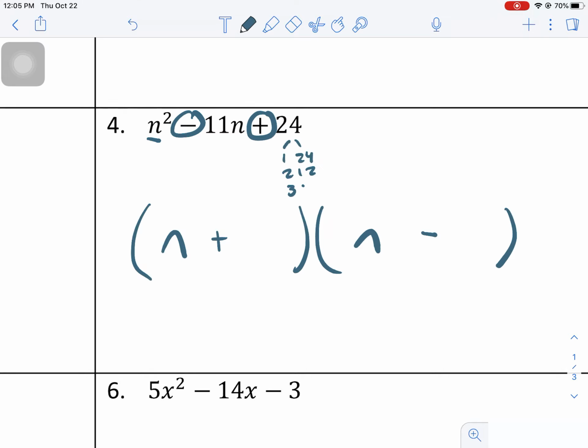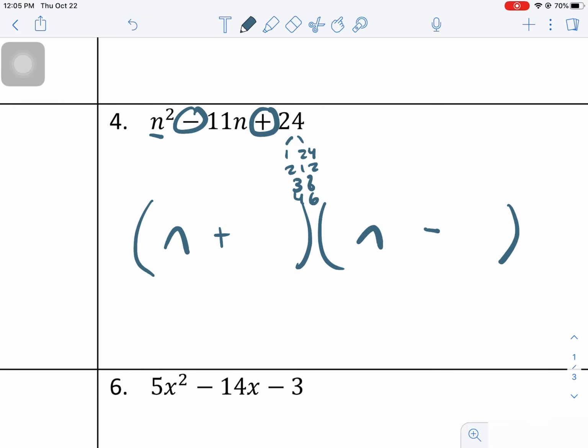Those are all of the factors of 24. Oops, not 3 and 7. It's 3 and 8. So then we need 2 that when added together are going to give us negative 11. Oh, what was I thinking? Positive means they're matching. They're both matching to negative. Sorry. So negative 3, negative 8 would give us that negative 11.